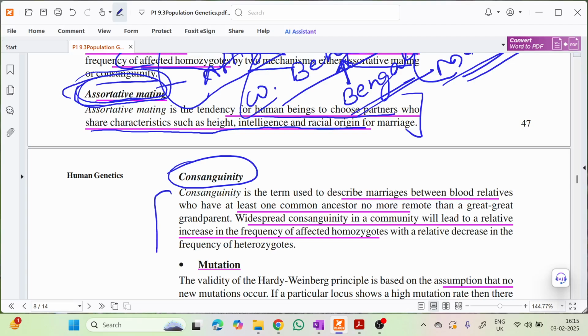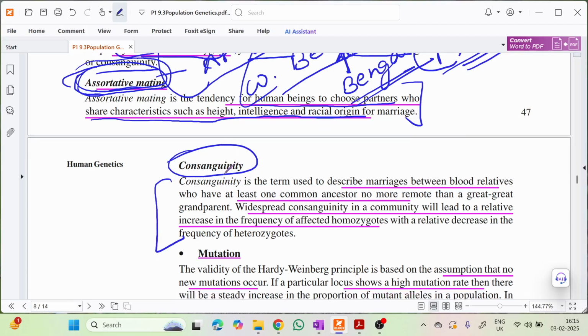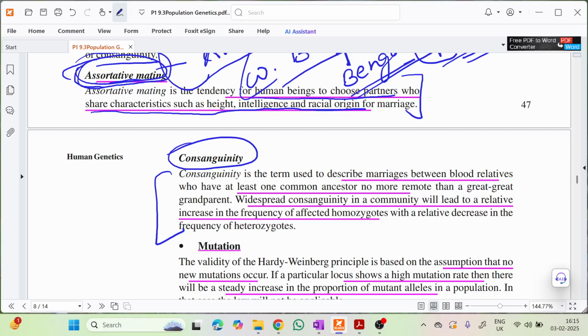And the second factor which may increase the frequency of homozygote is consanguinity. It is a term which used to describe marriage between blood relatives who have at least one common ancestor no more remote than the great great grandparent.